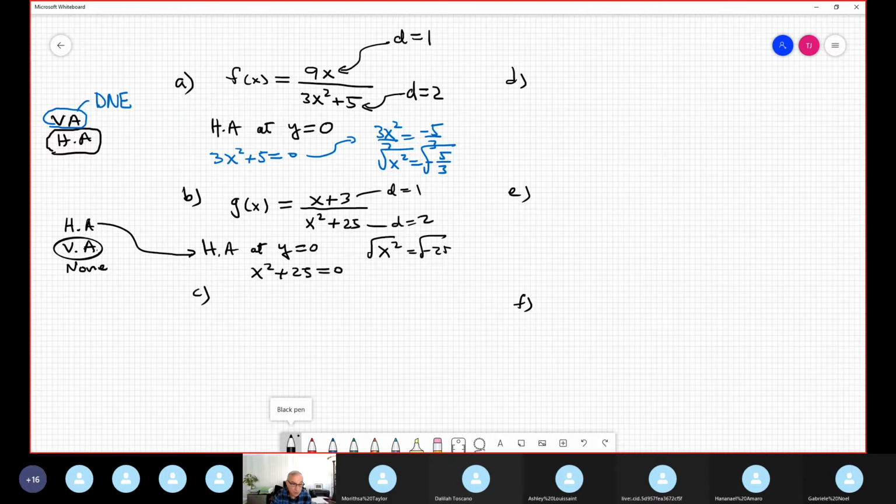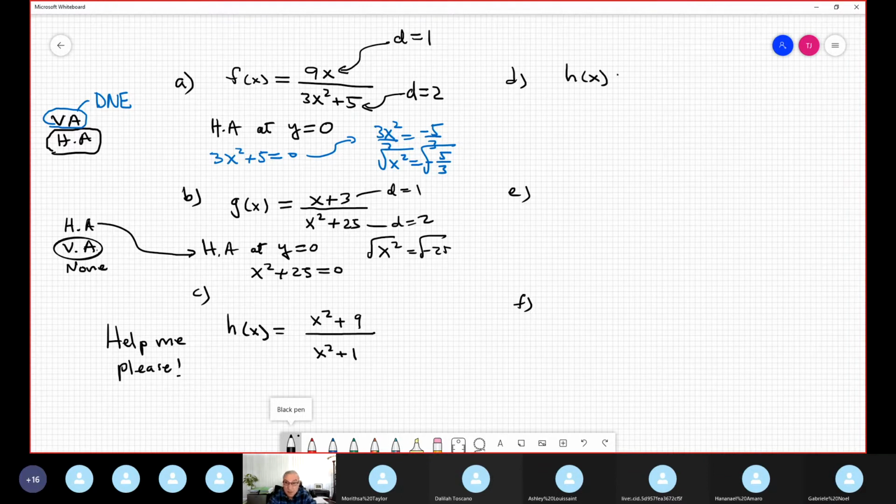Okay. Suppose for example C, h of x is equal to x squared plus 9 divided by x squared plus 1. Think about this. Help me. Please. Okay, D is h of x is equal to 12 x squared divided by 3x squared plus 1.